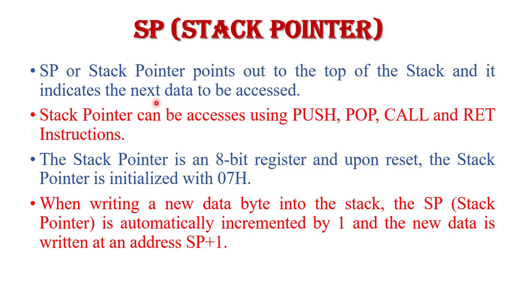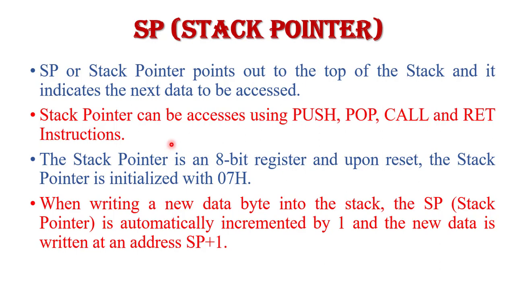It can take a value from 00 to FFH. When the 8051 is initialized, the stack pointer register contains the value 07H. The stack pointer can be accessed using push, pop and call instructions.